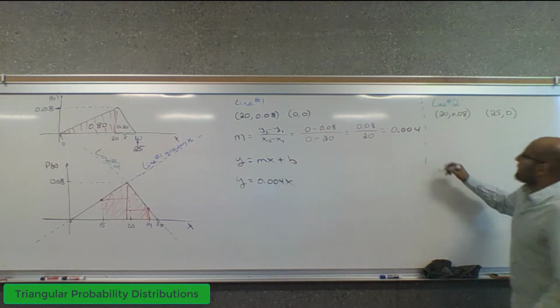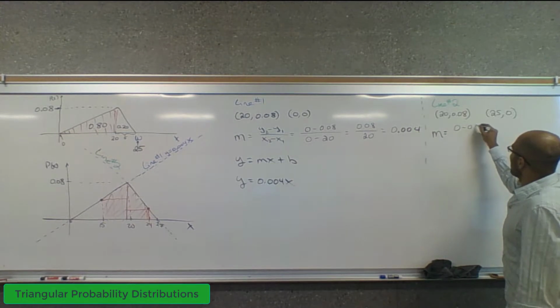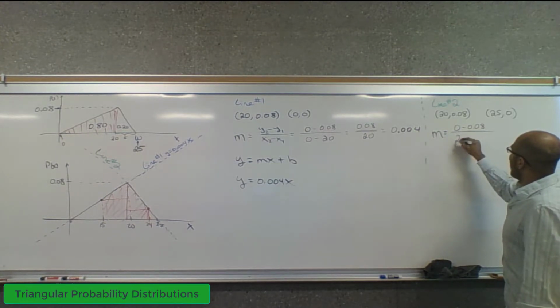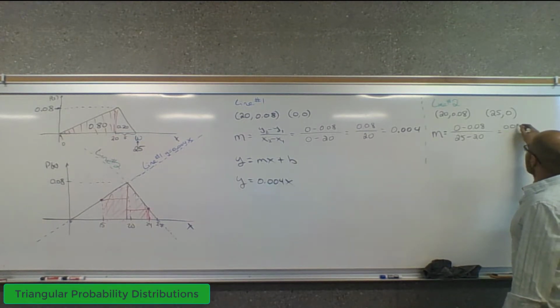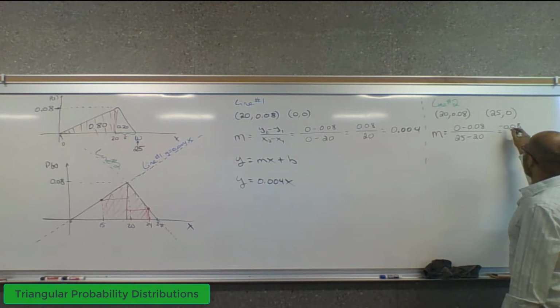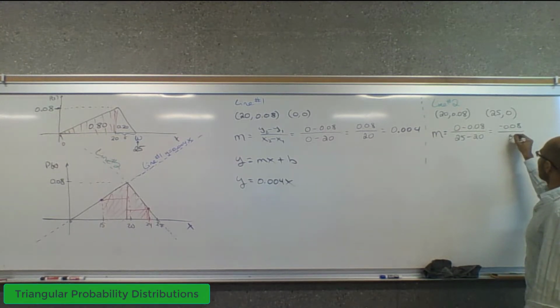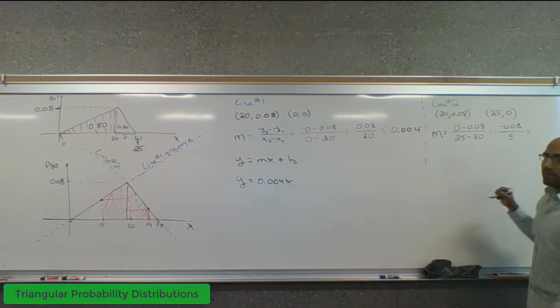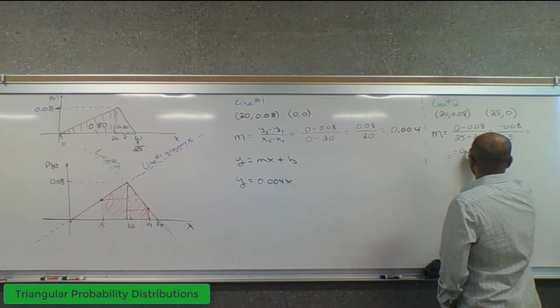So again we need to find the slope. m equals 0 minus 0.08 divided by 25 minus 20, which is negative 0.08 divided by positive 5. And what do we get?